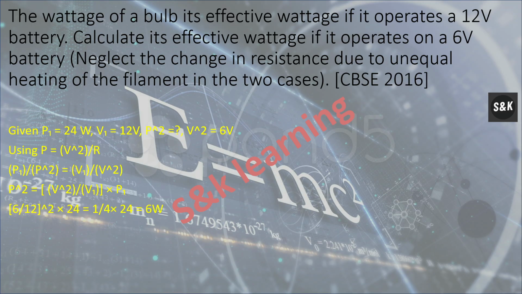Using the power formula we get power equals V squared upon R. So putting the value, the power used by the bulb is 6 watt.